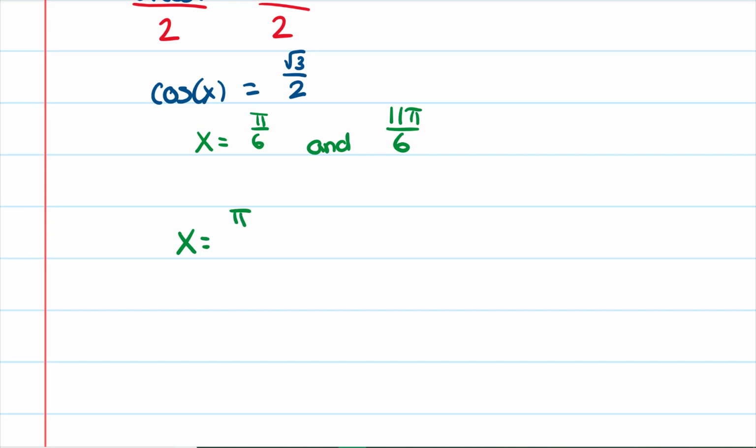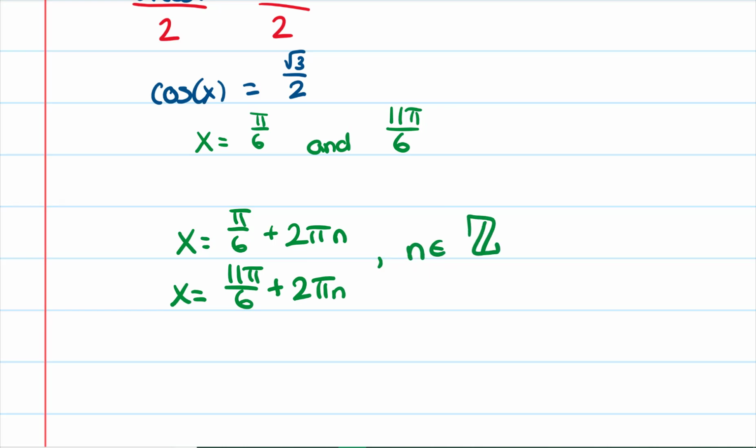So our answers are pi over 6 plus 2 pi n and 11 pi over 6 plus 2 pi n, where n is in the integers. This 2 pi is a result of the period of cosine. Because cosine repeats every 2 pi, that's why we put the 2 pi n.